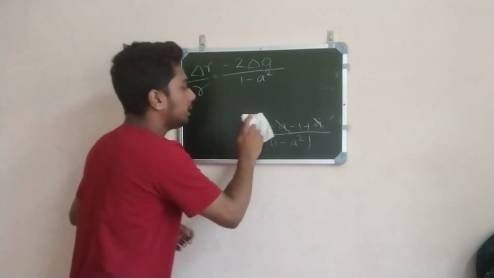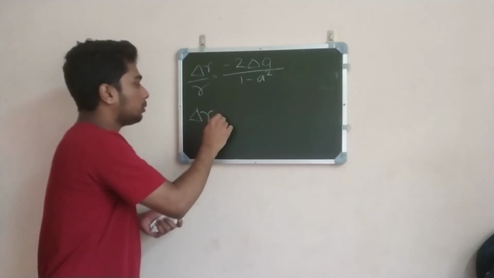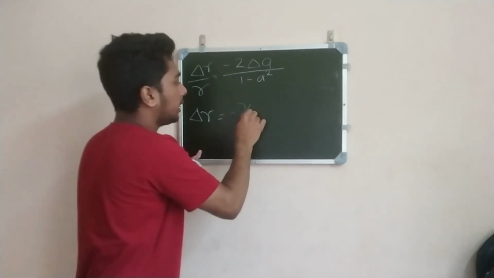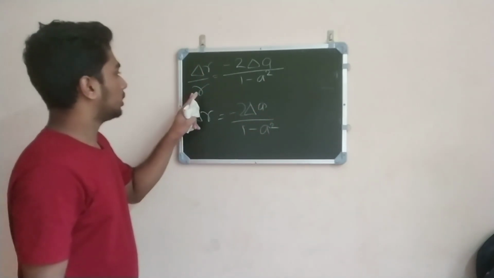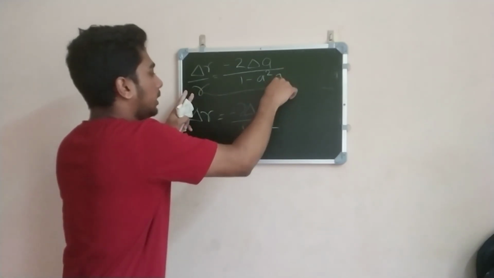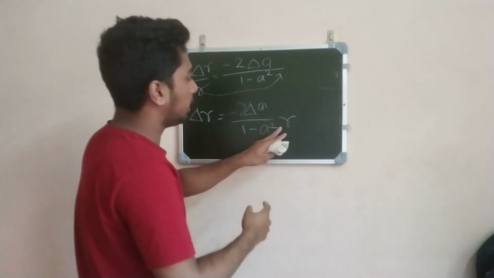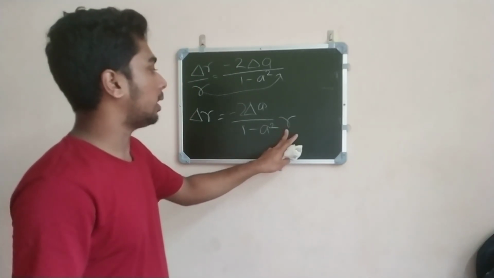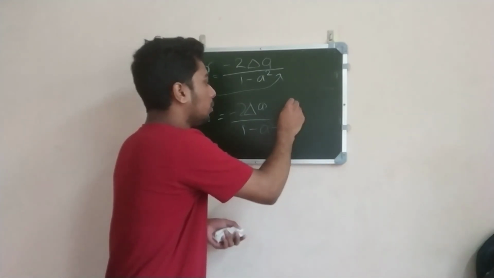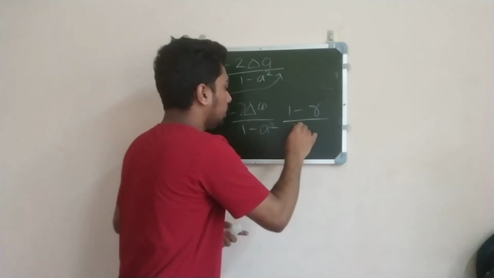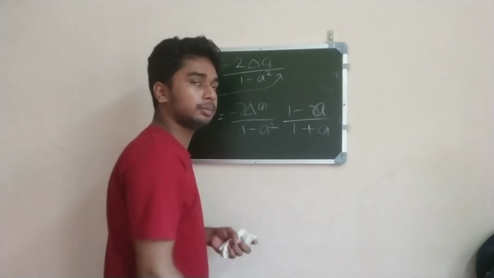So to find delta r, delta r will be minus 2 delta a divided by (1 minus a squared), and then r will be multiplied here. So I multiplied r on the right-hand side. Just use the expression for r. What was r? r was (1 minus a) divided by (1 plus a).